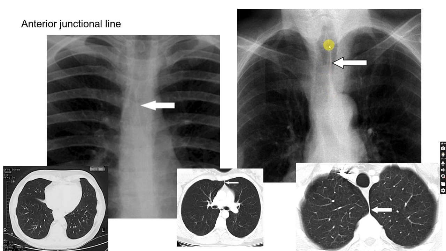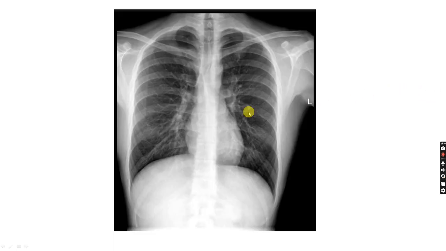So to remember, posterior junctional line is above the clavicle, but it will end at the aorta, and anterior junctional line will be inferior to the posterior junctional line. Remember AI, anterior junctional line inferior, and it will end when the heart comes. Now, the same thing: this is the posterior junctional line and this is the anterior junctional line.